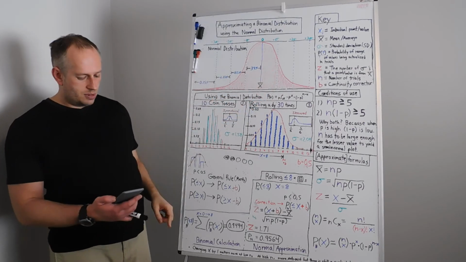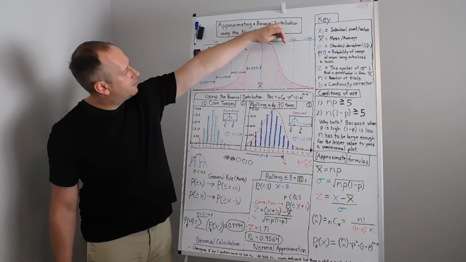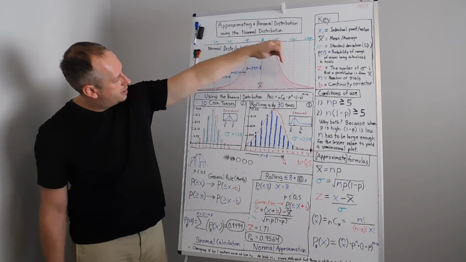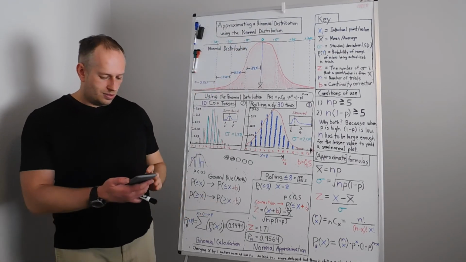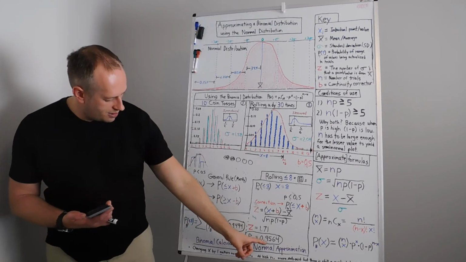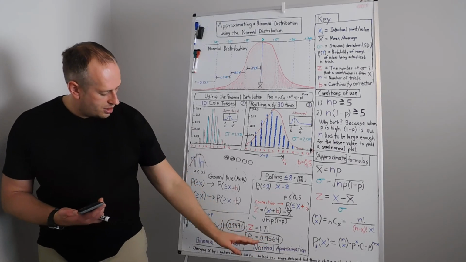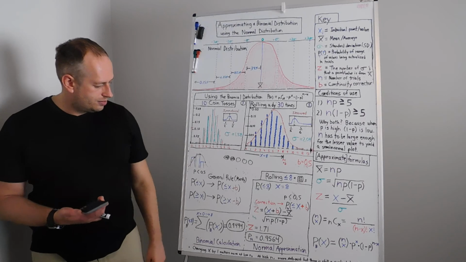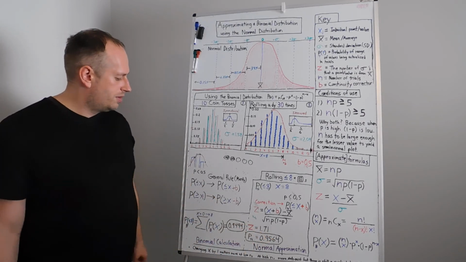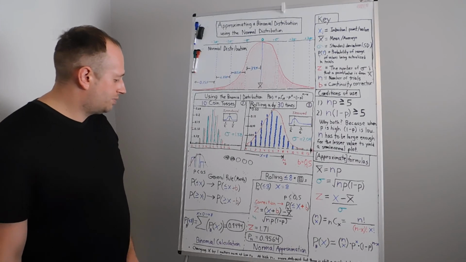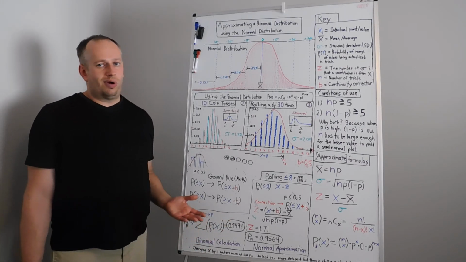So it's positive 1.71, so that's somewhere in here if you look at it. And when you do that, you get 95.64 over 100. So that's 0.9564 for the probability for the normal approximation. But is that right or not?